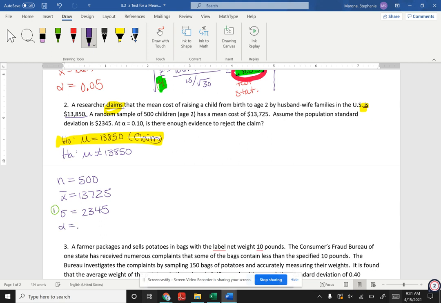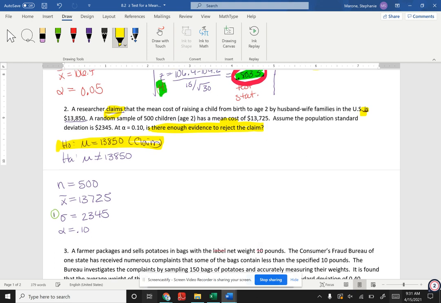At alpha is 0.10, is there enough evidence to reject the claim? Sometimes we're given this part of it. So this part of the sentence, having the word reject in there, solidifies the fact that the null hypothesis is the claim.